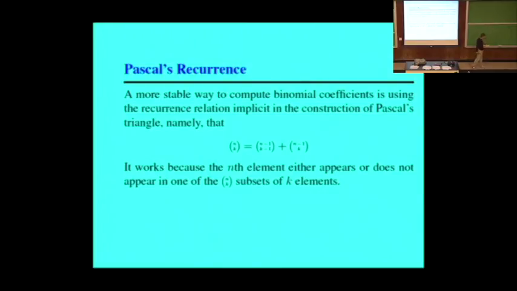Okay? Let's think about how many ways there are to build subsets. How many subsets are there of the items 1, 2, 3, and 4 of size 2? How many pair items are there?